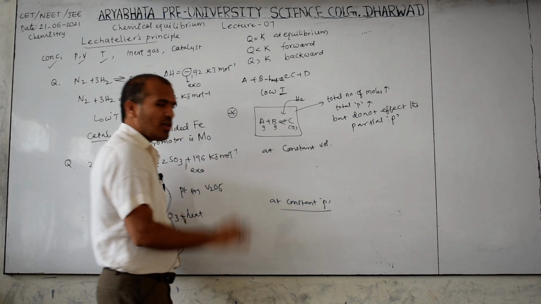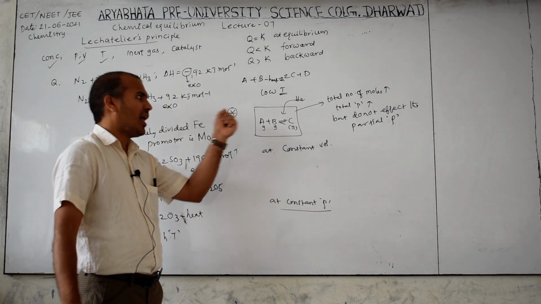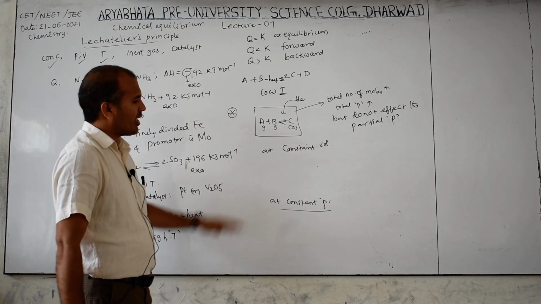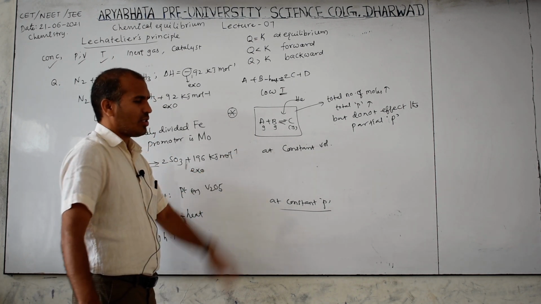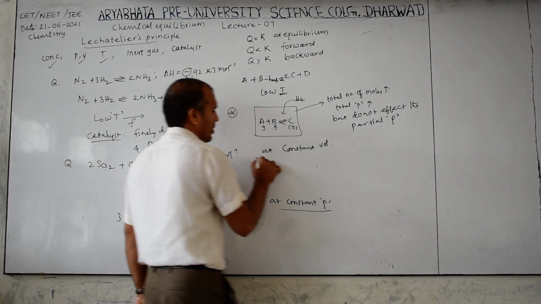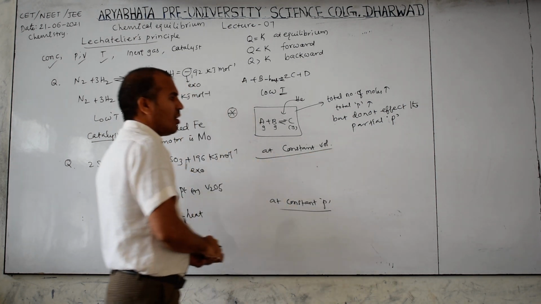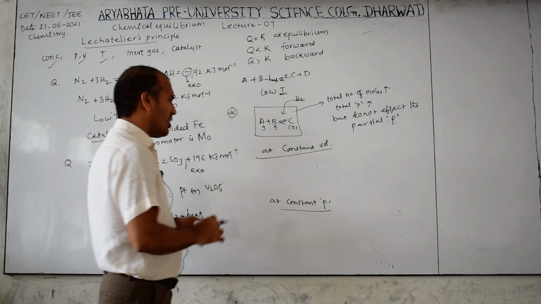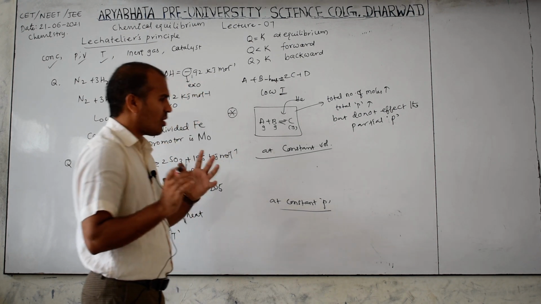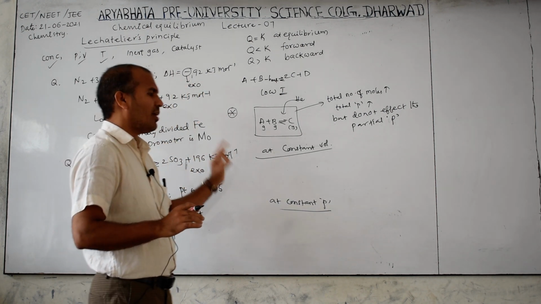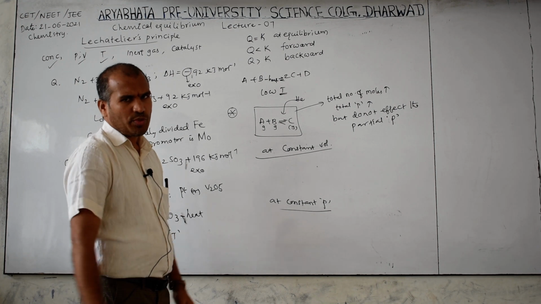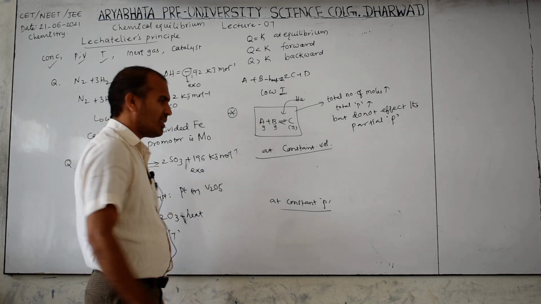So it depends on the condition at which we are adding this inert gas. In your textbook only one condition is given, the other condition is not given. That other condition I also want to explain. Now keep in mind, whether delta Ng is 0, less than 0 or greater than 0, it does not affect the equilibrium position by addition of inert gas at constant volume.